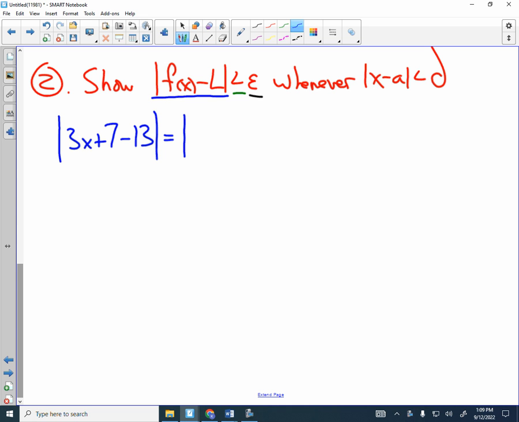This is the same as what? What can this be simplified to? 3x minus 6. Okay with that? And that's the same as 3 times x minus 2.